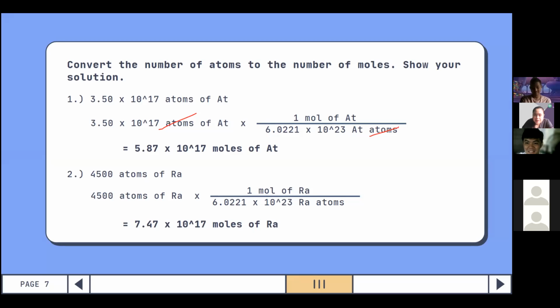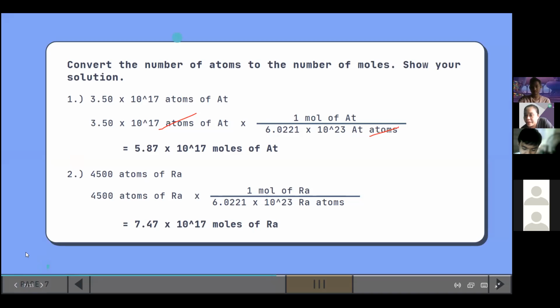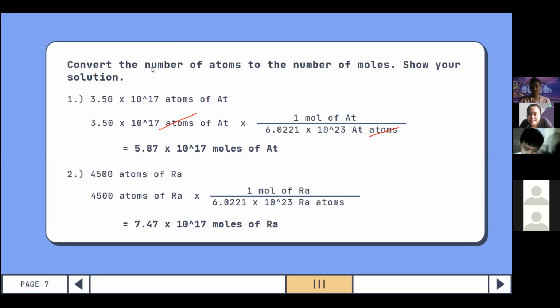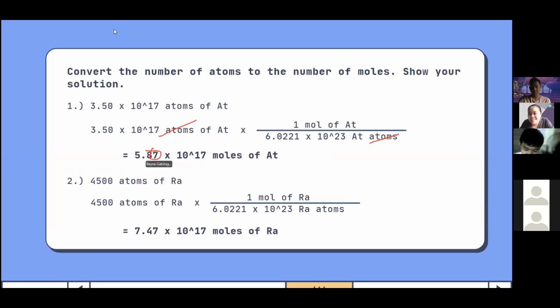Kindly check. 3.50 times 10 raised to the power of 17 divided by 6.0221 times 10 raised to the power of 23. 5.87, ito answer nyo? 5.81. Kindly check. This should be 5. Ay, 5.81 po pala. Sorry po. Okay, sige. So please check.